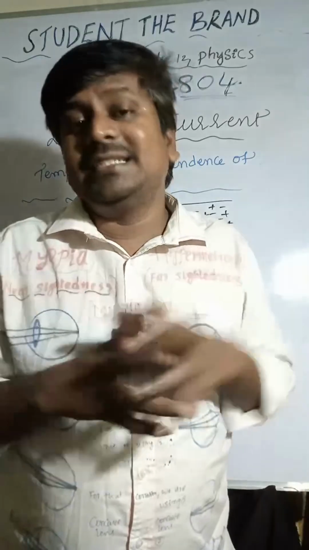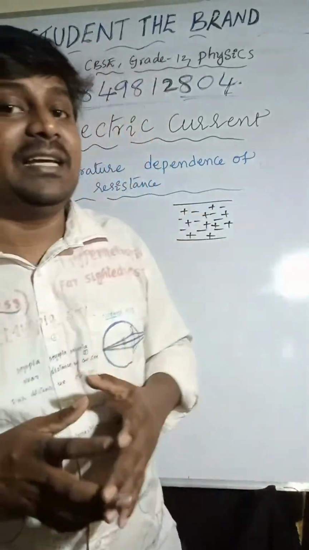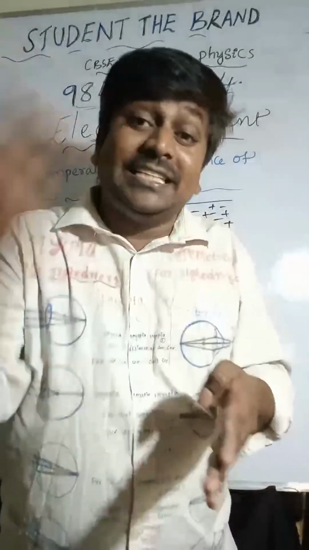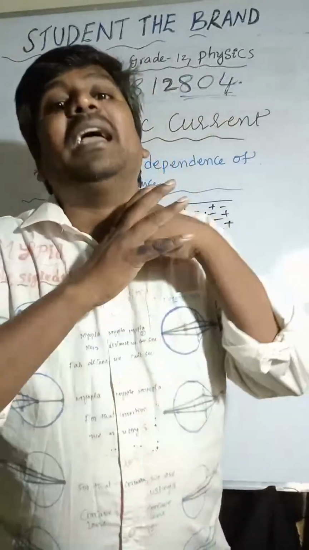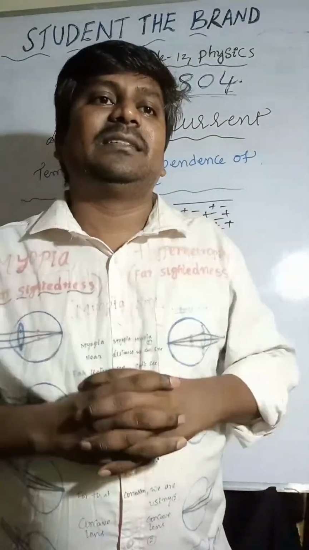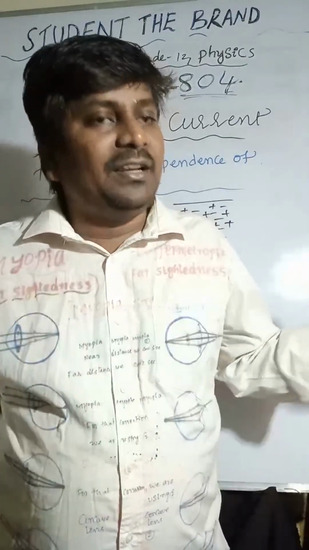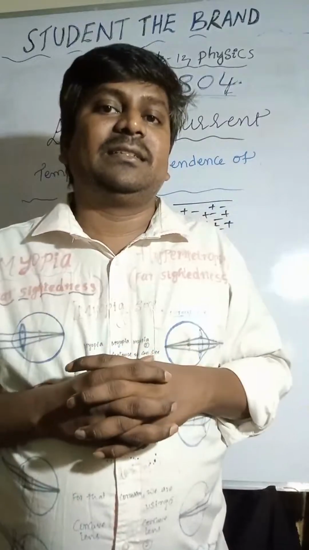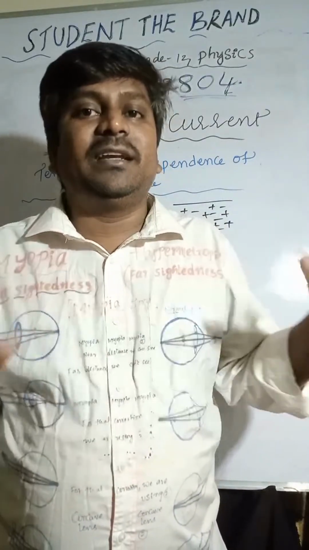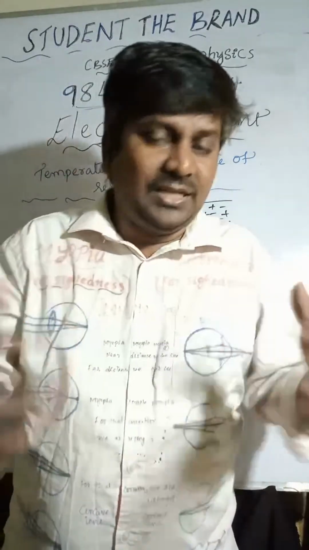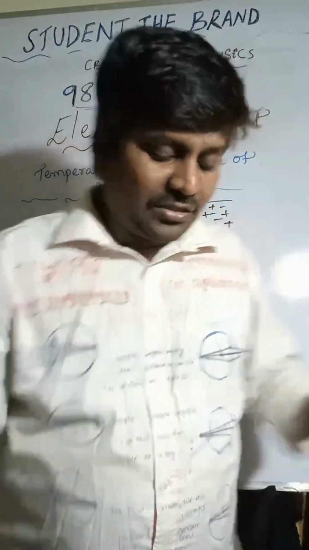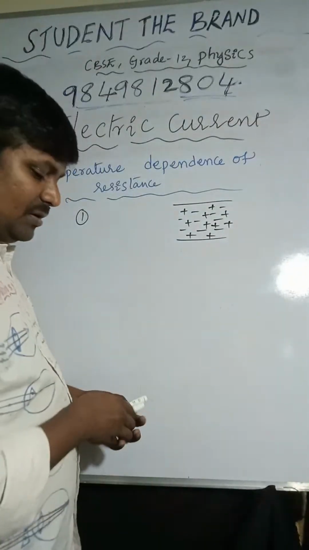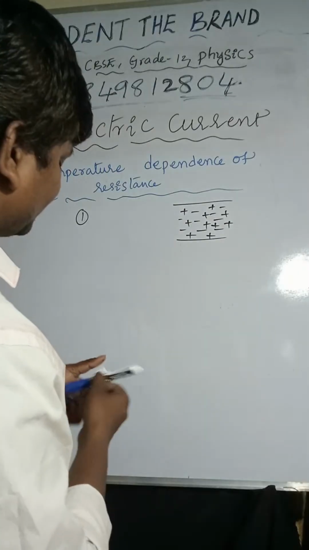Now you can understand, when temperature increases, resistance and resistivity of the conductor increase, and conductivity decreases. Understood? Now observe.